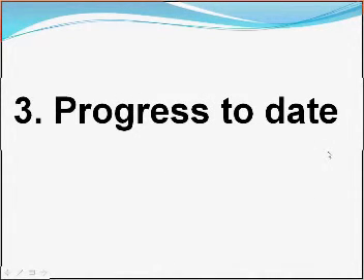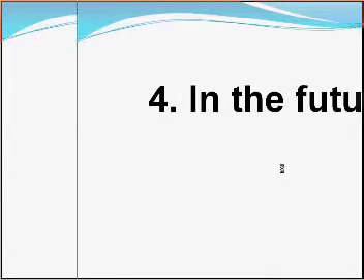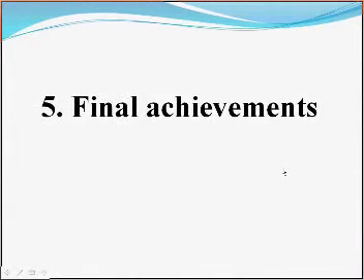Then progress to date, that means until now, progress to date. Then in the future, so you have to write about what will happen in the future. Number 5, final achievements.